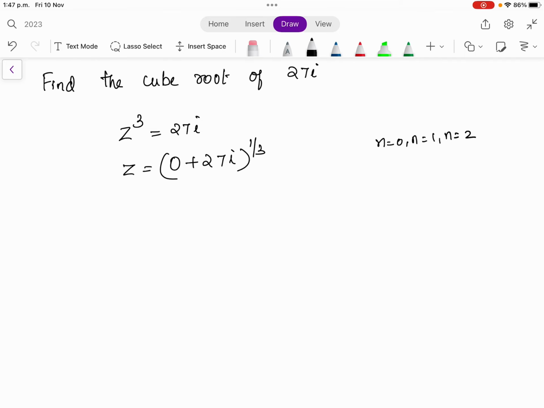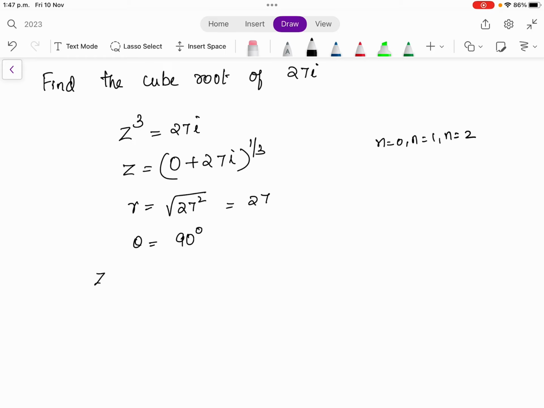To write it in the polar form, you need to find the modulus first. So it is square root of 0 squared plus 27 squared, which is equal to 27, and theta will be equal to 90 degrees, by the formula.